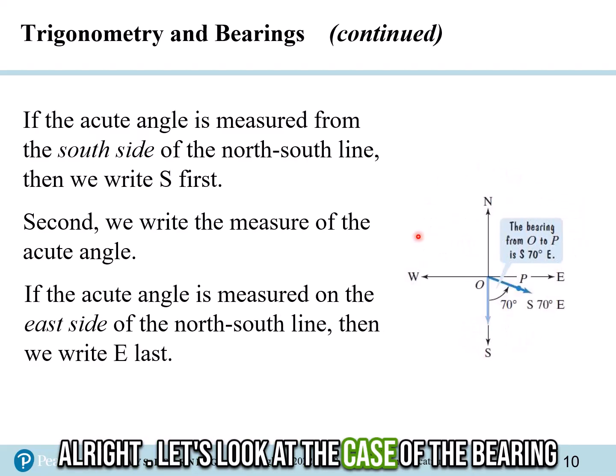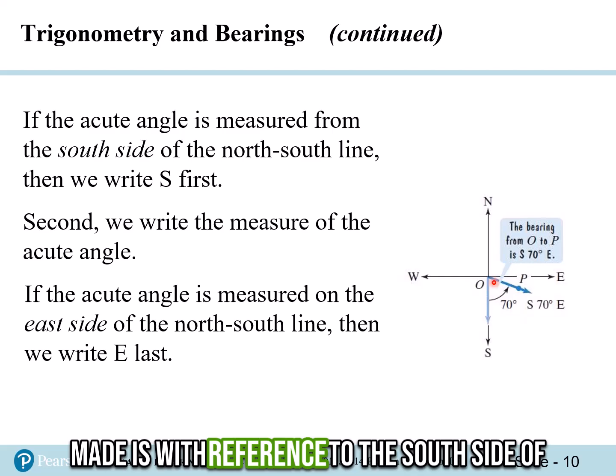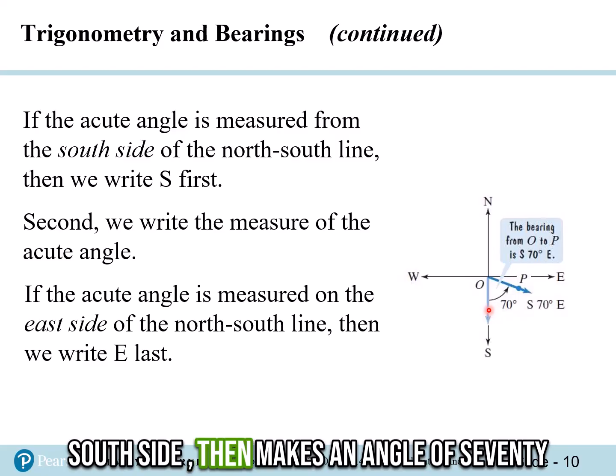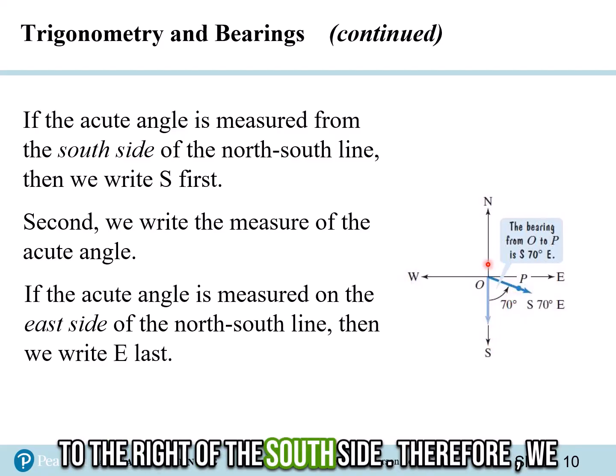Let's look at the case of the bearing in this picture here. We see that the angle made is with reference to the south side of the north-south line. So it starts from the south side, then makes an angle of 70 degrees and moving to the east side, moving to the right of the south side.